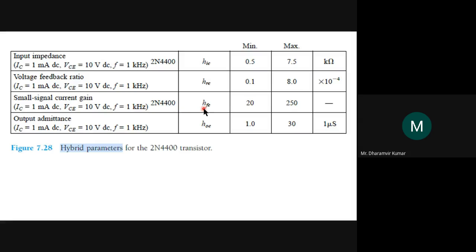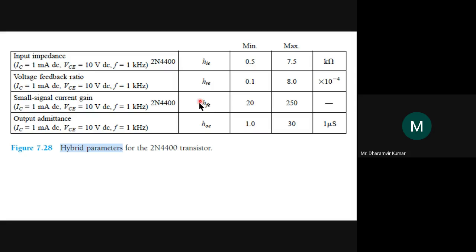The HFE, the forward current gain, would be somewhere between 20 and 250. In the case of common emitter, the output current is the collector current and the input current is the base current, and the ratio of output current by input current, IC by IB, is called beta.